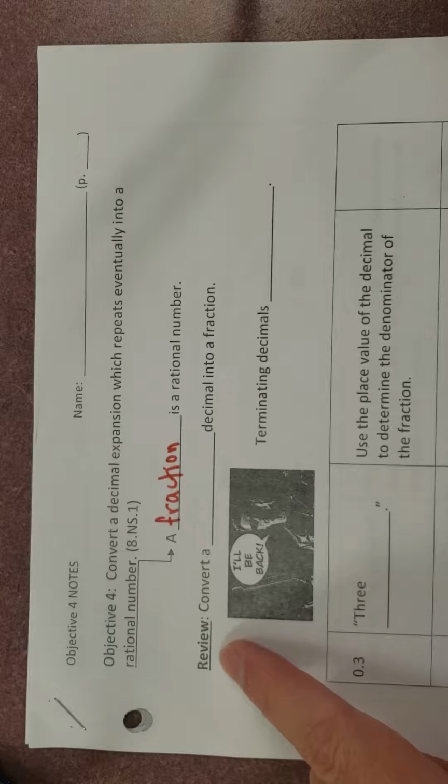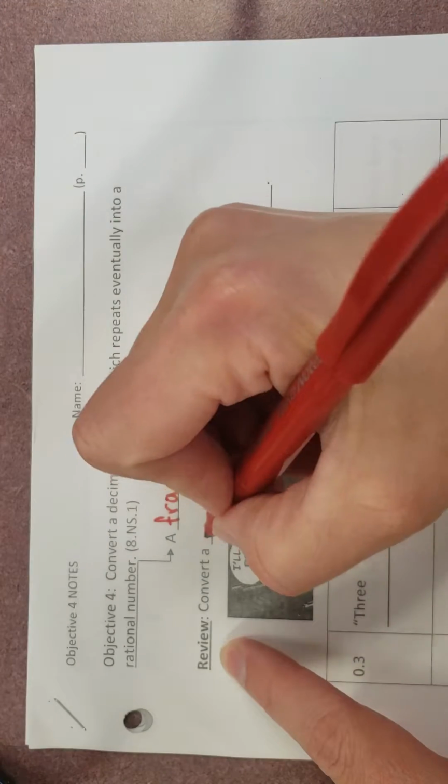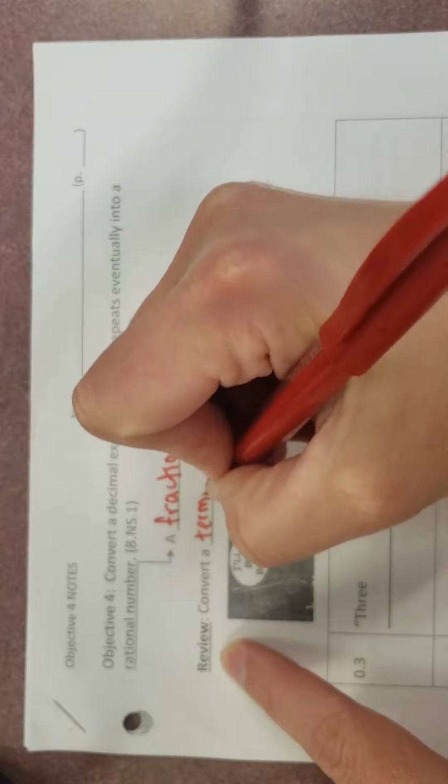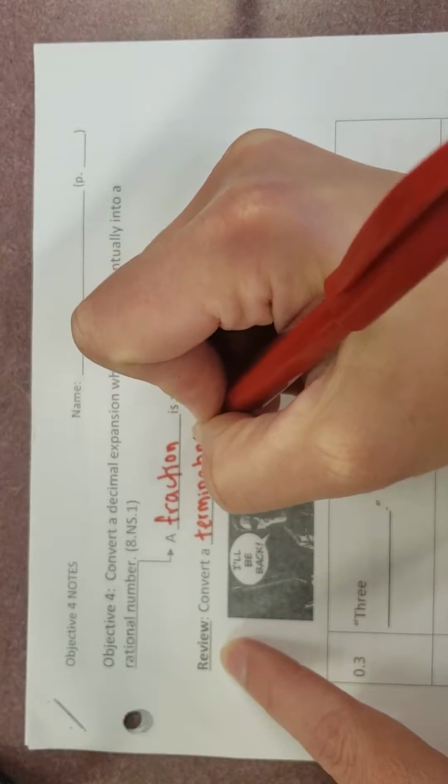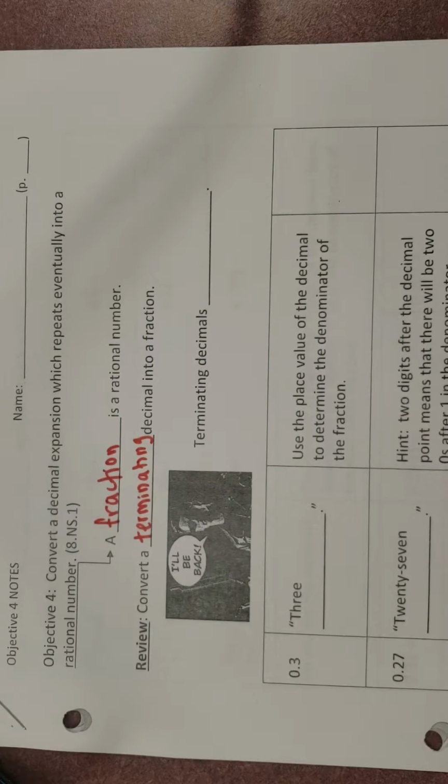And we will begin learning how to convert this repeating decimal into a fraction, first by backing up and talking about terminating decimals, the ones that end. And we had this funny reference to the Terminator, Arnold.